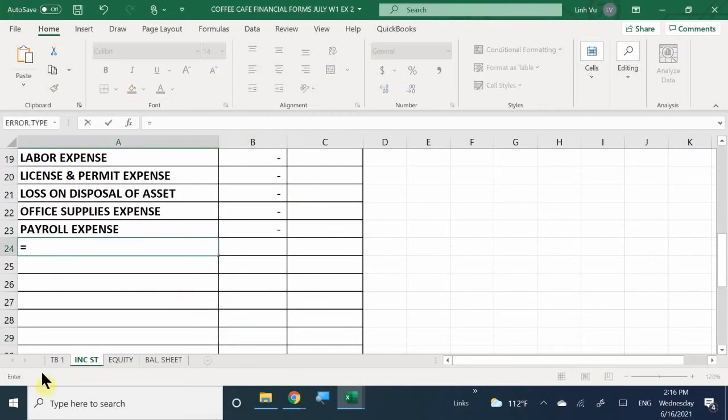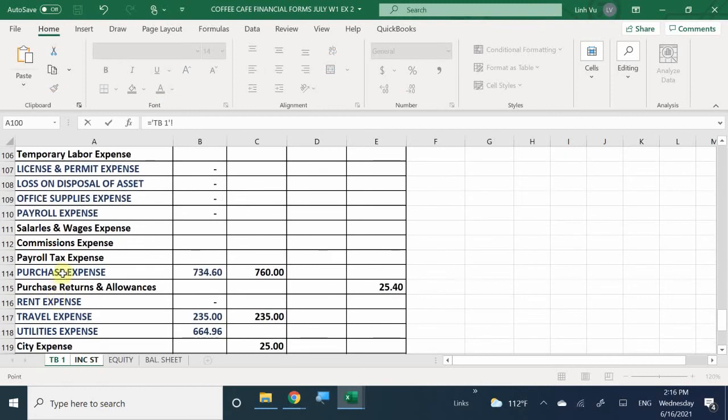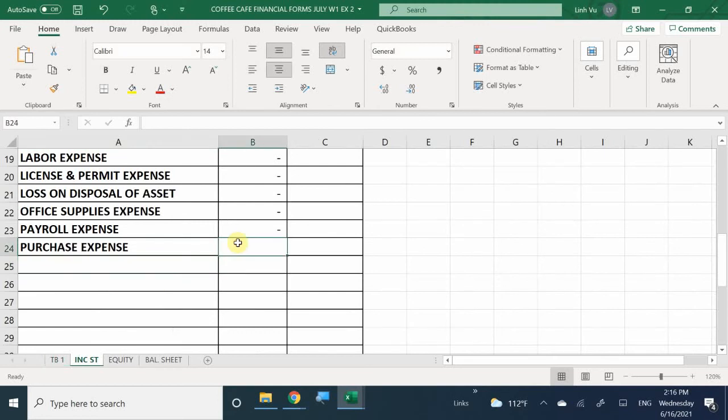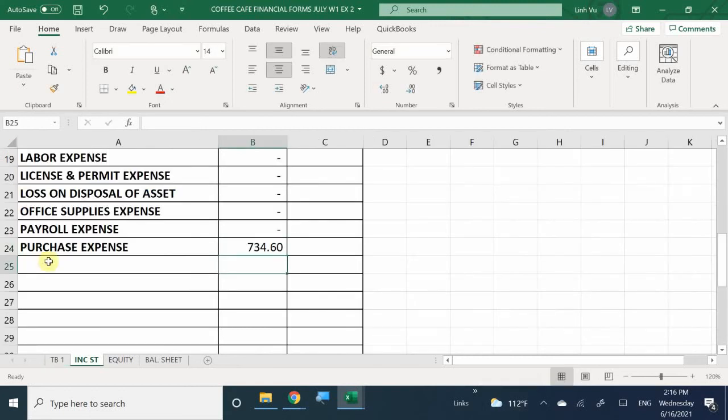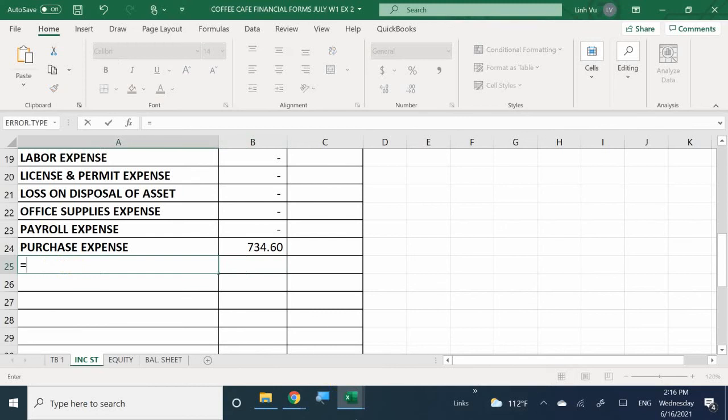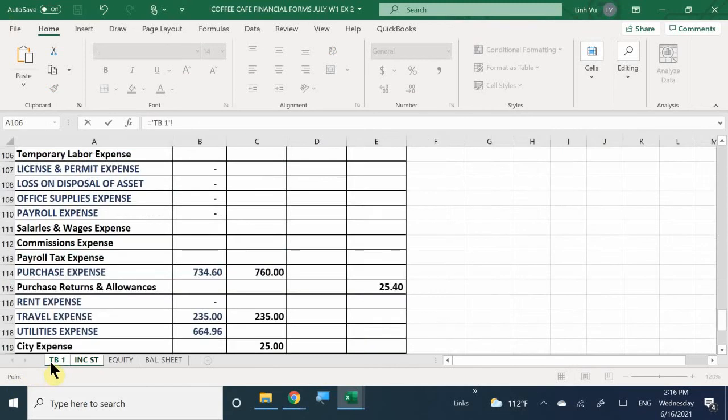Purchase expense, for 734.60. Rent expense for 0.